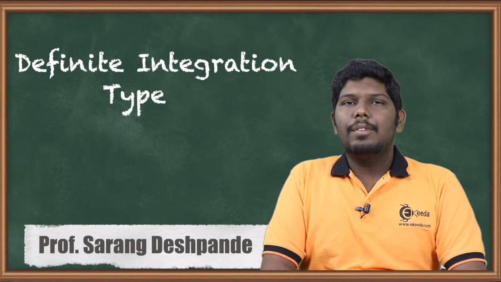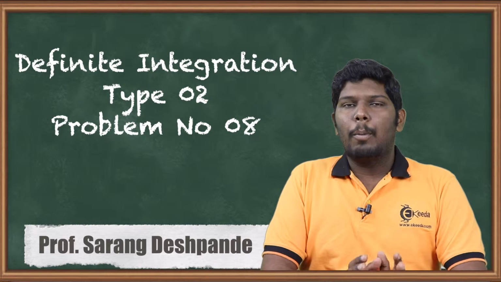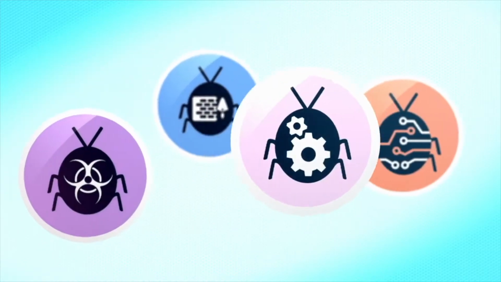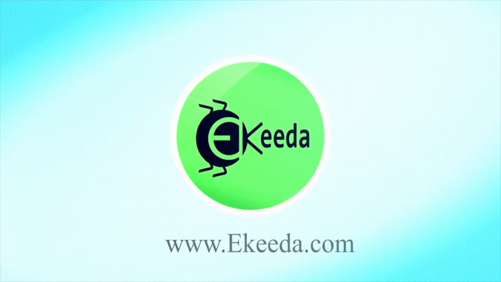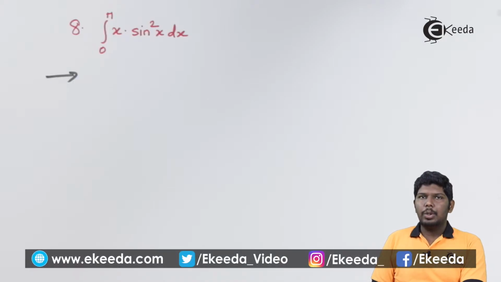Hello friends, in this video we are going to continue with one more problem which is based on property number 2 of definite integral. So let us start with problem number 8. Integral 0 to pi x into sine square x dx.